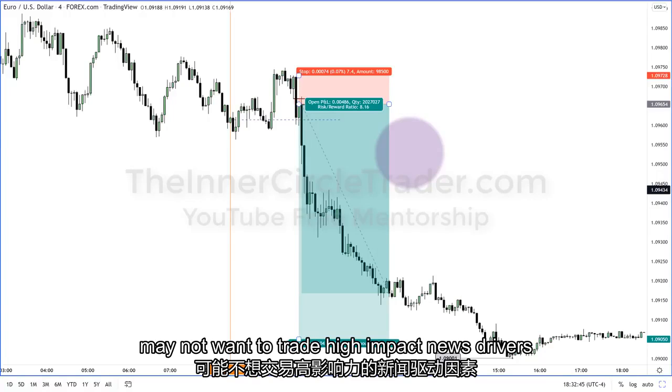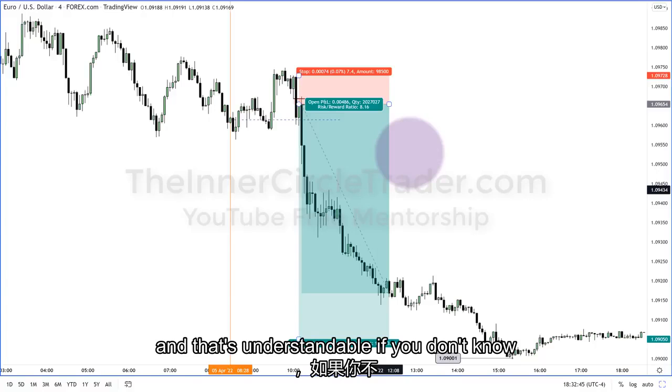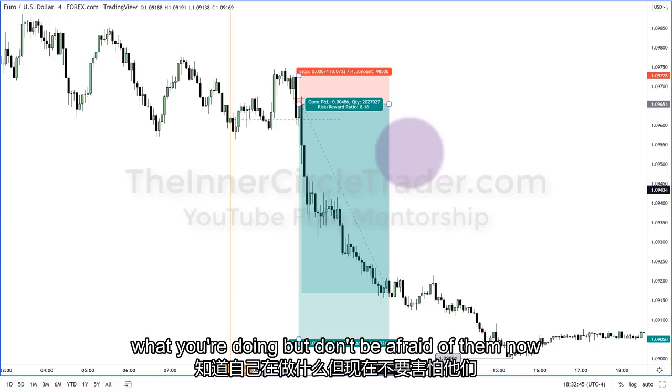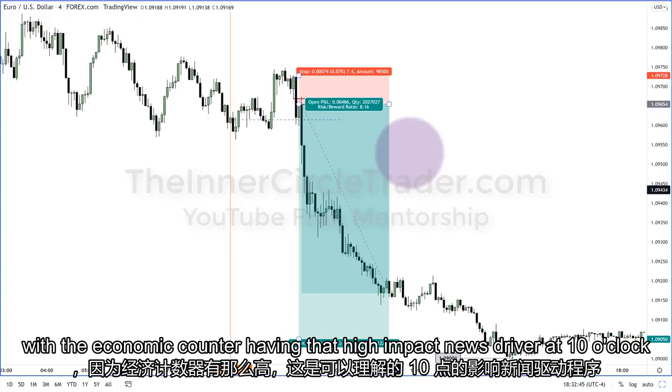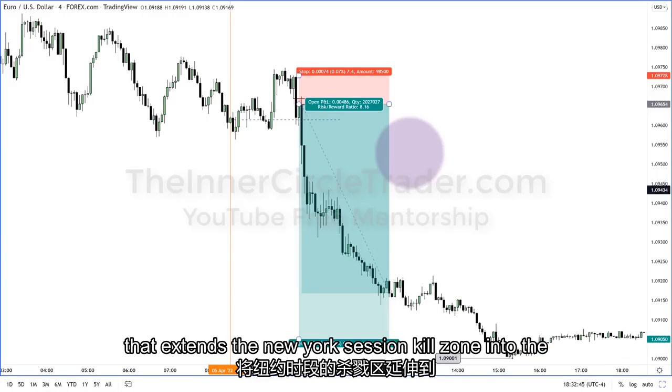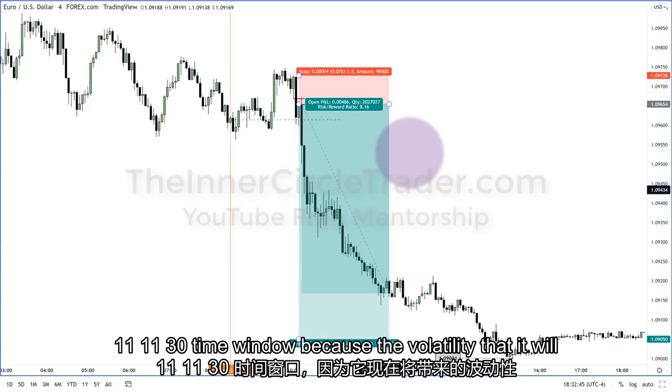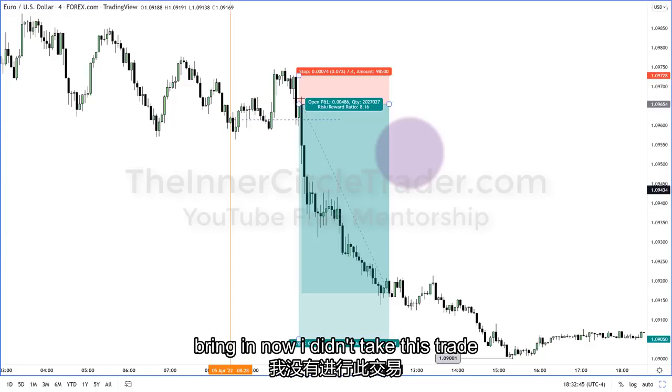You may not want to trade high impact news drivers, and that's understandable if you don't know what you're doing, but don't be afraid of them. Now, with the economic calendar having that high impact news driver at 10 o'clock, that extends the New York session kill zone into the 11:30 time window because of the volatility that it will bring in.